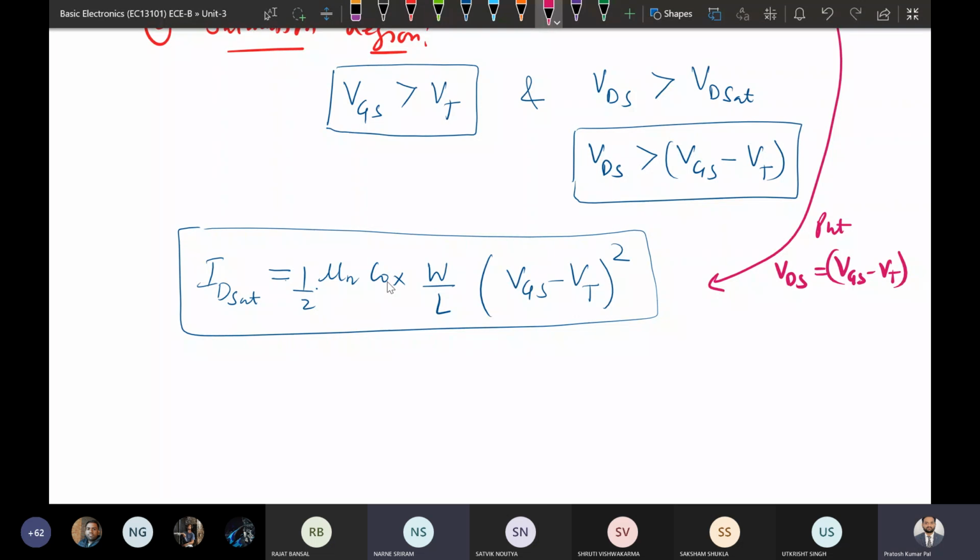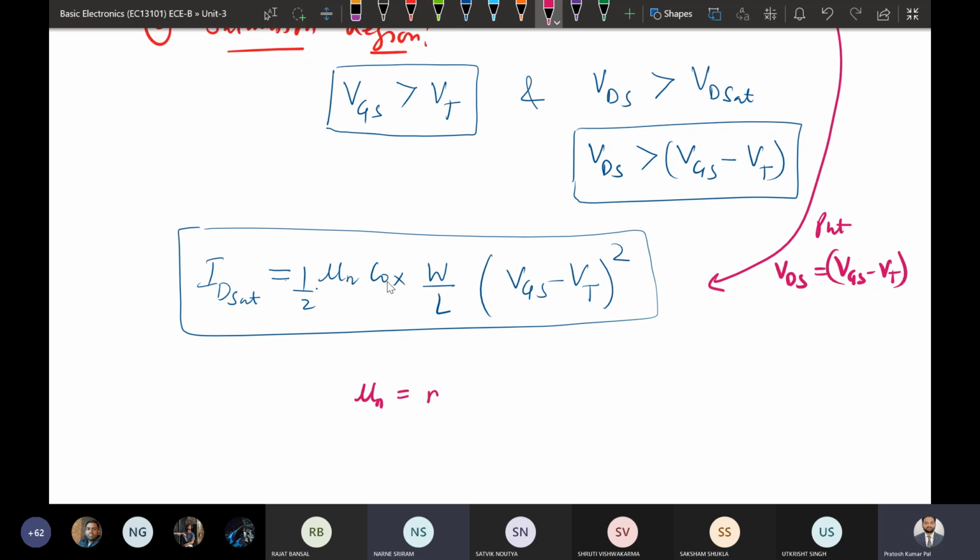I hope you have got this point. So this is all about the working of the n-channel enhancement type MOSFET. If you have any doubt, you can ask.